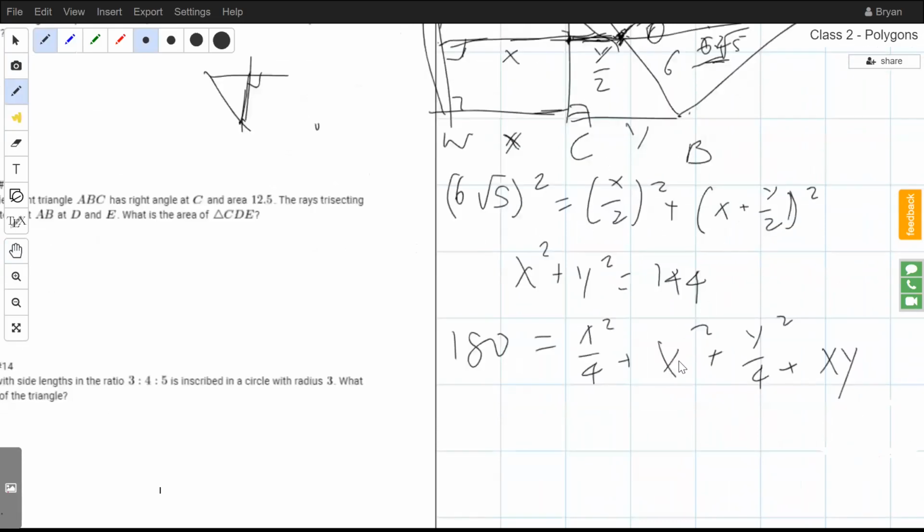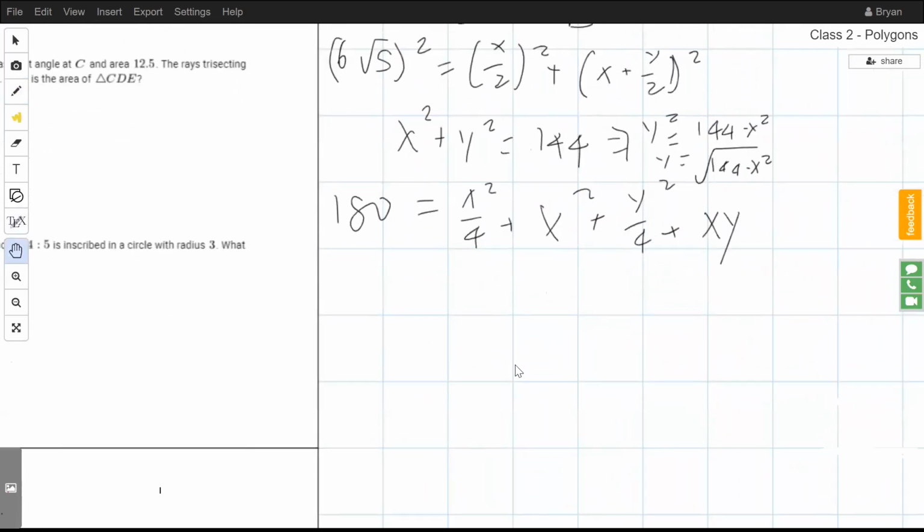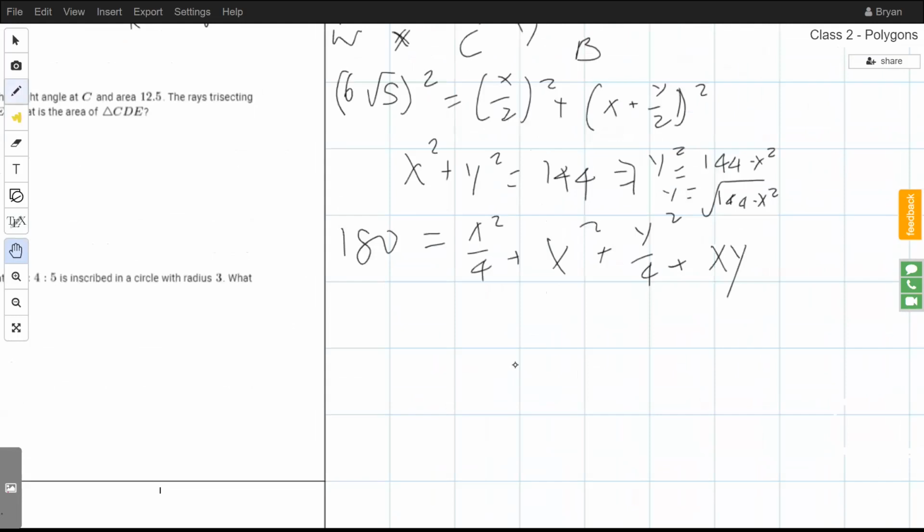And we can go about this a few ways. First, I'm just going to substitute from here. We have Y squared equals 144 minus X squared. So Y is just equal to the square root of this, right? So then substituting this, I'm using this a lot.